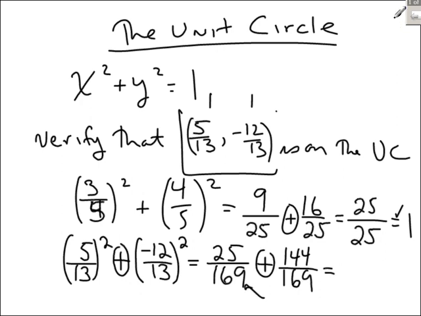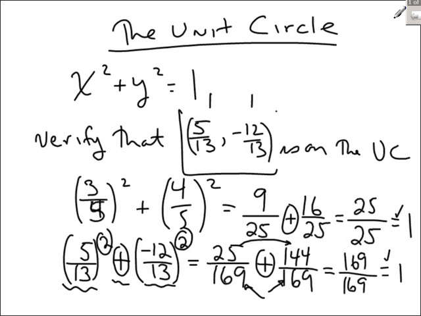In addition, the denominators are the same, so keep them the same and add the tops. 25 plus 144 is 169. We are getting 1. That is x squared plus y squared equals 1. That's how you get to be on the circle. If you didn't get 1 and you didn't make a mistake, then the point was not on the circle.